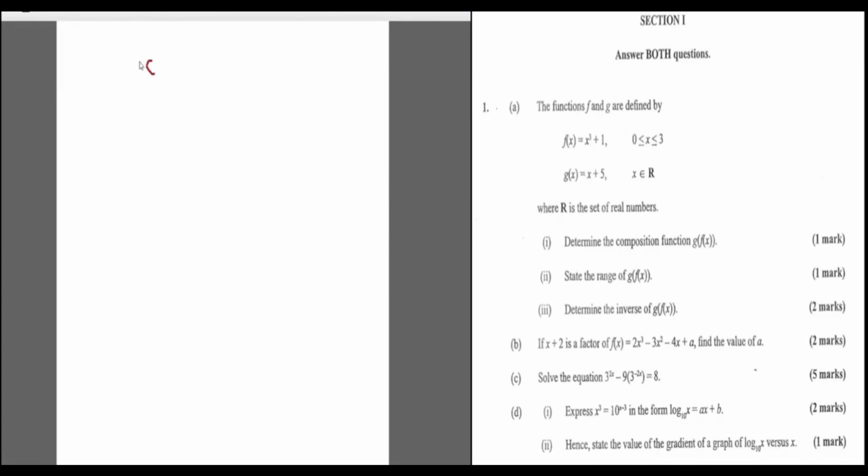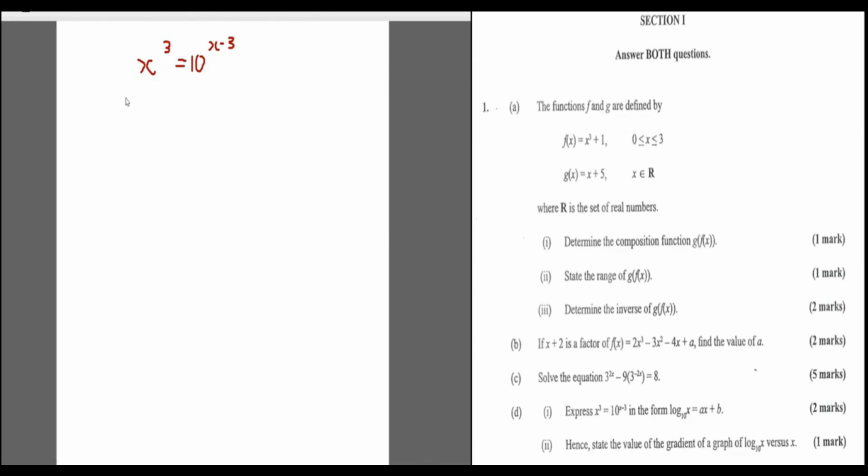So it wants us to express x cubed, which is equal to 10 to the x minus 3, in log form. Now, in order to do this, what are we going to have to do? The first thing we can do is always just take log of both sides.